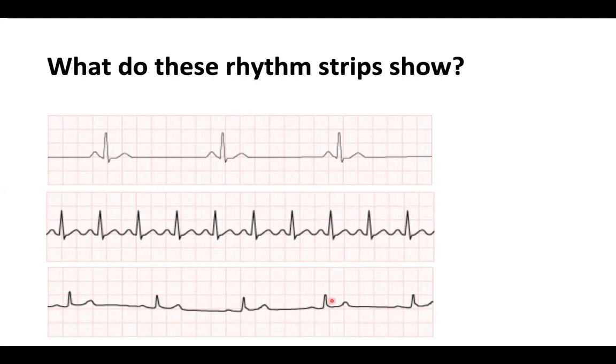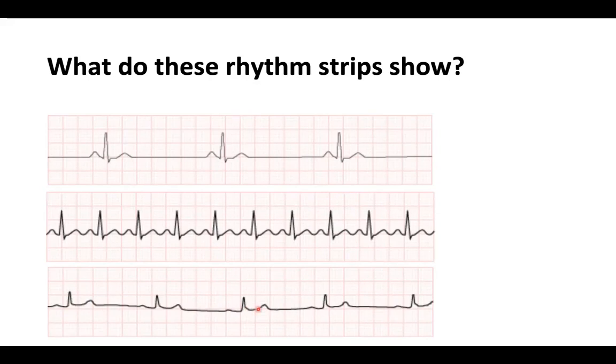Is the RR interval constant? From just eyeballing it, it's not constant. So let's see, this RR interval is 5 big squares and 3 small squares. And this one is 5 big squares and about 4 small squares.